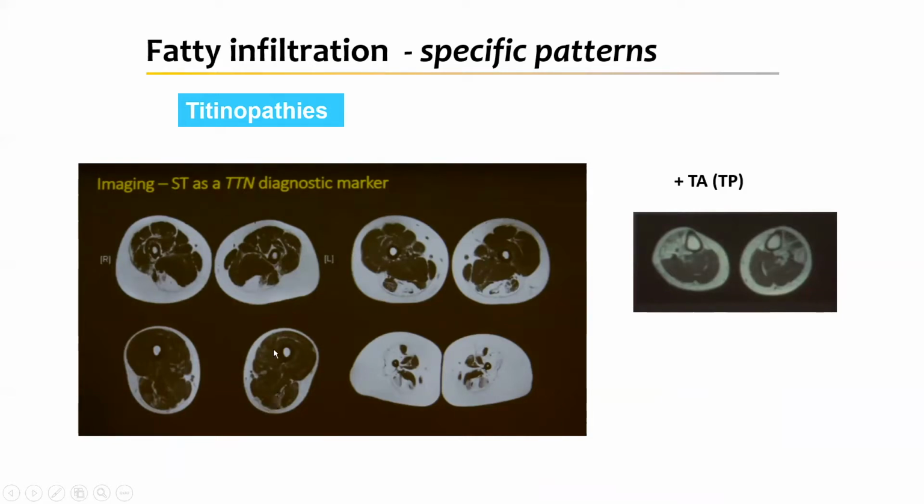If you remember, involvement of semitendinosus is also in favor of desminopathy, but in case of titin mutation, it is the anterior compartment, the tibialis anterior, sometimes also the tibialis posterior that is involved, while in desminopathy, it is more the peroneal loop. So semitendinosus and tibialis anterior make you think of titinopathy.